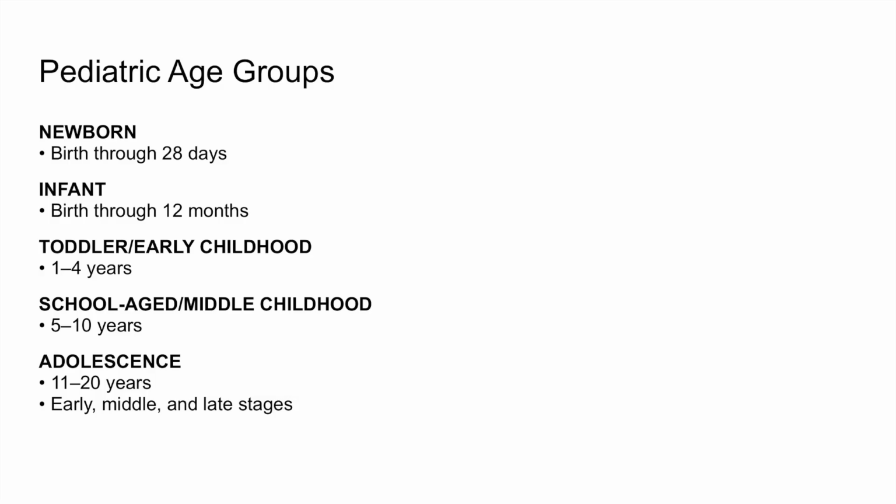Adolescence then includes the transition from childhood into adulthood and can be divided into early, middle, and late stages. These boundaries are useful conventions rather than rigid biological cutoffs, and exact definitions may differ between organizations. The patient's developmental stage may be more clinically informative than the age label alone.